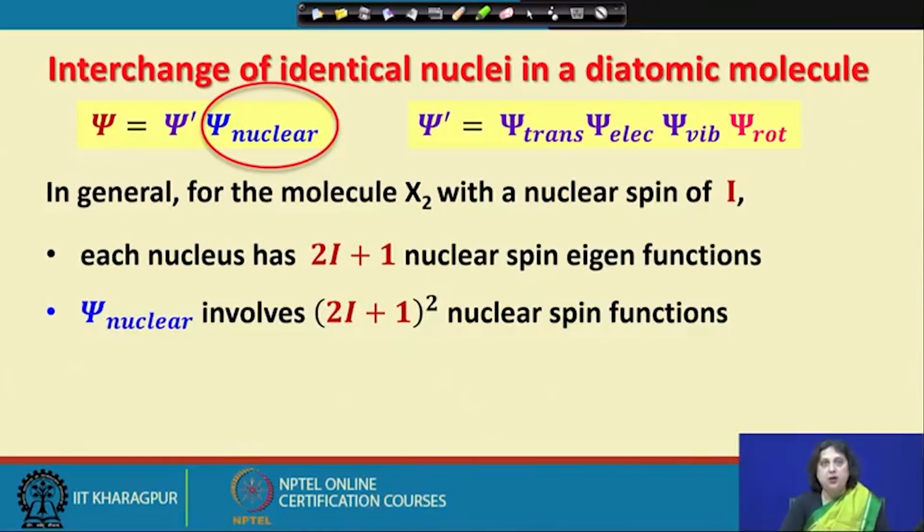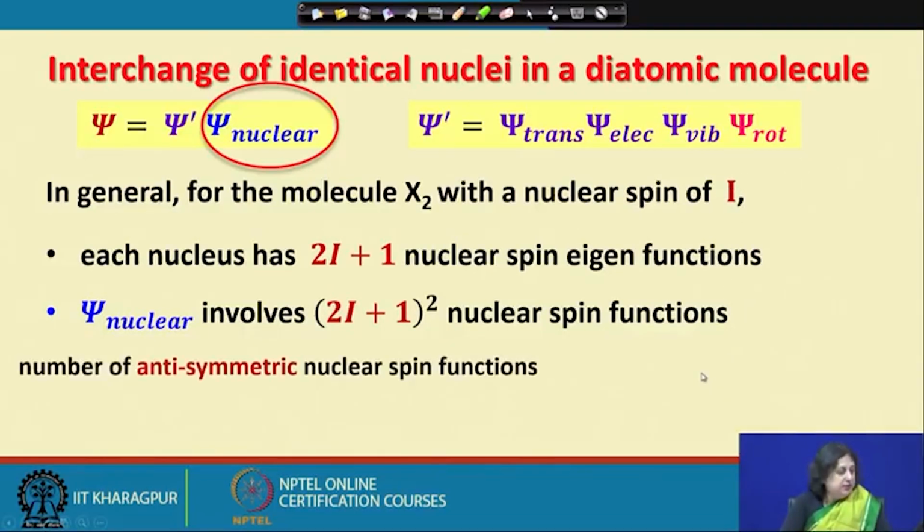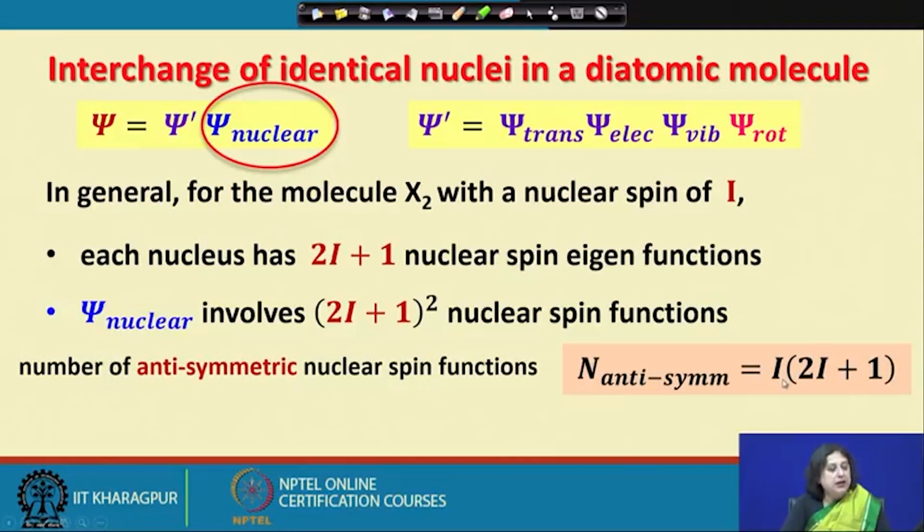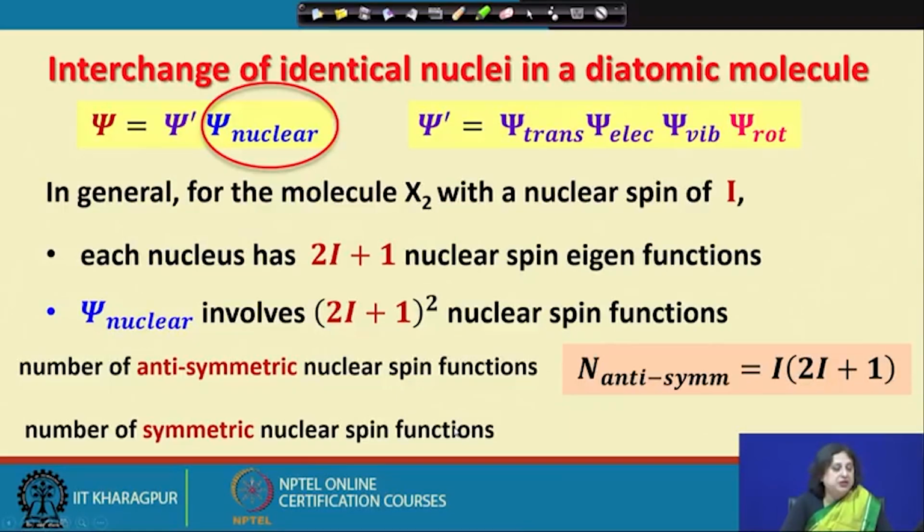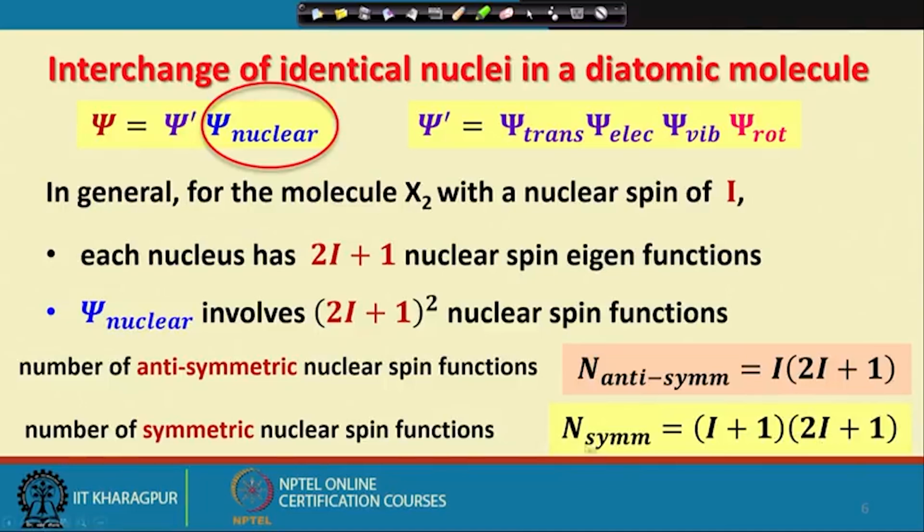This is exactly what we have been showing for the hydrogen molecule, except that there we had a specific value of I. It can very easily be shown that out of these (2I plus 1) whole squared nuclear spin functions, some will be antisymmetric with respect to the exchange of the two nuclei, and their number is given by I into 2I plus 1, and there will be symmetric nuclear spin wave functions as well, and their number will be given by I plus 1 into 2I plus 1.